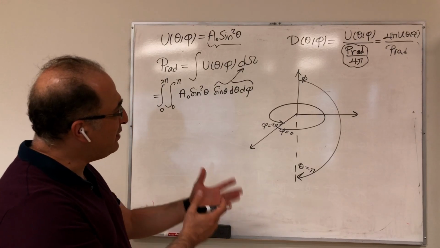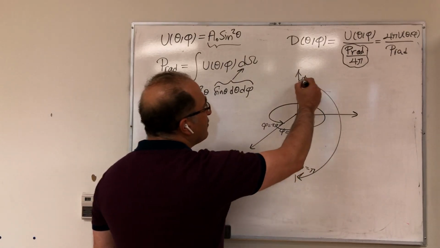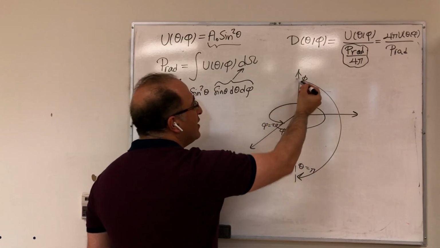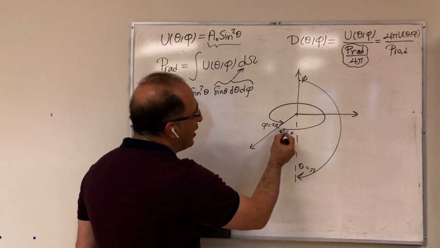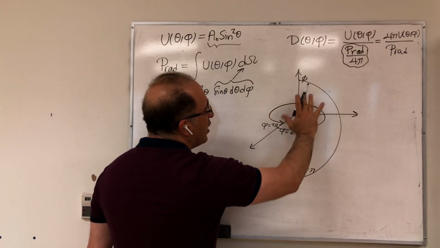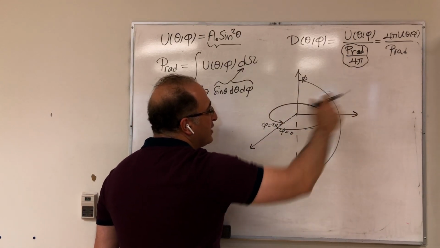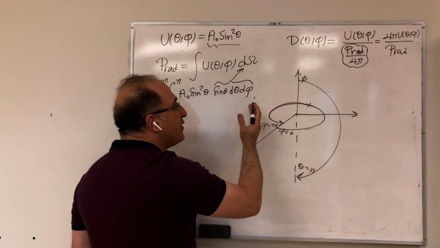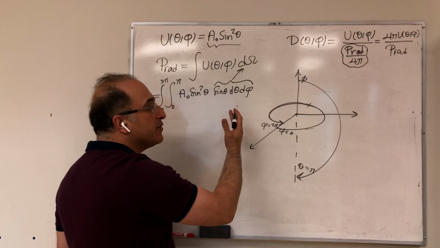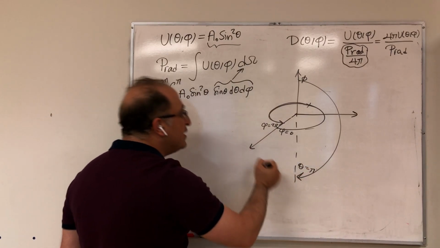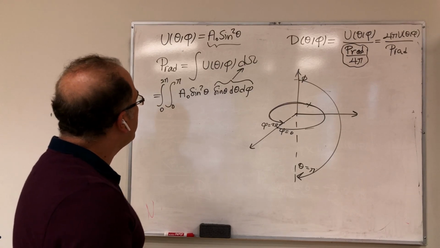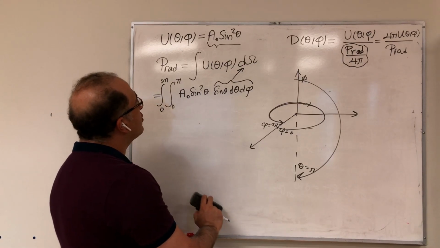You might ask, why is this just 0 to 2 pi, why don't you come back again? Because phi equals 0 is here, so I'm covering half of the sphere, and with the phi from here to here, I'm coming to the other side, covering the other part of the sphere too, so theta doesn't need to go all the way back, it can be 0 to pi. That's the standard of a spherical coordinate.